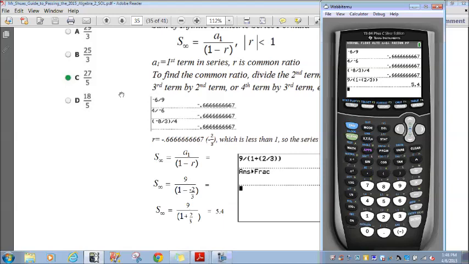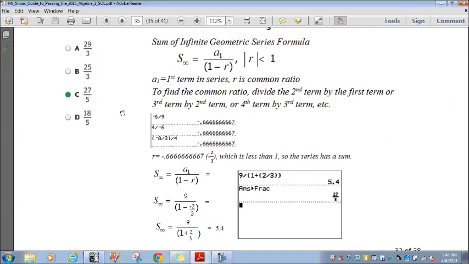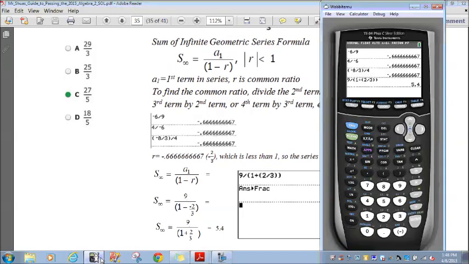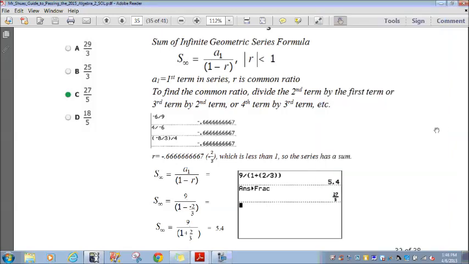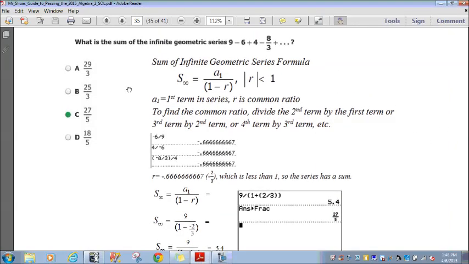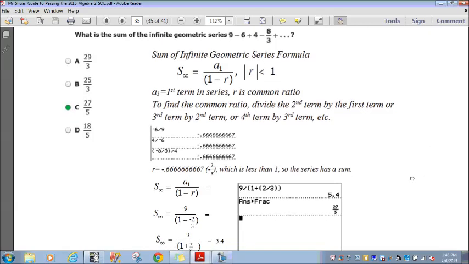Well, 5.4 is not one of my answer choices here, so let me convert that decimal to a fraction. So I hit math, 1, 27/5, which is choice C. Okay, so the sum is 27/5 for this particular infinite geometric series.